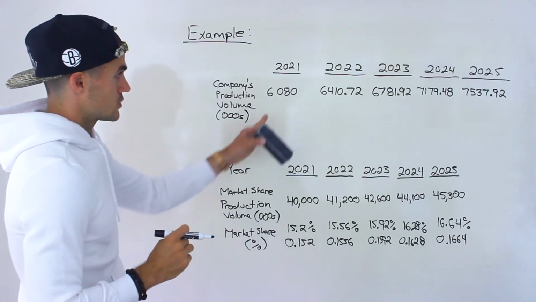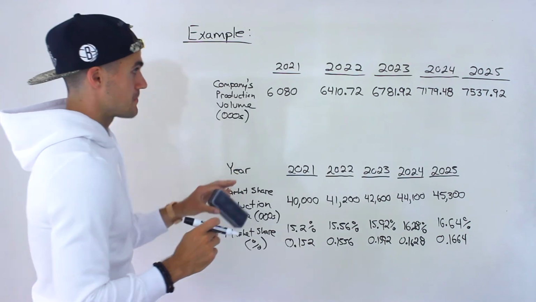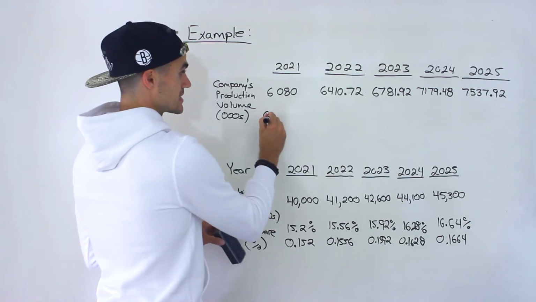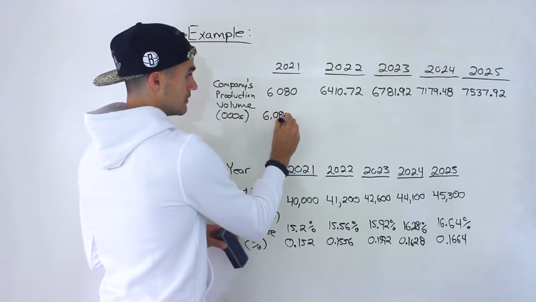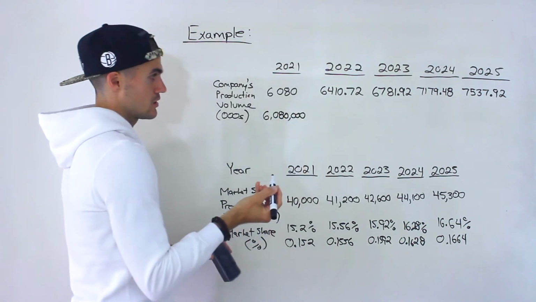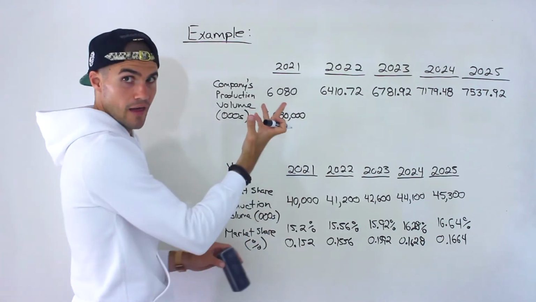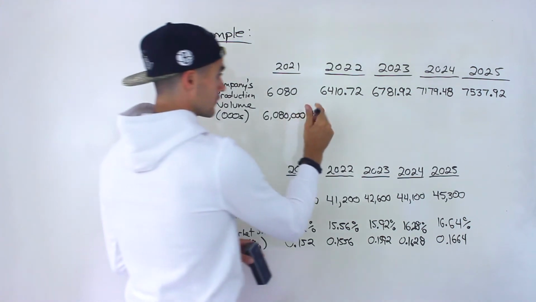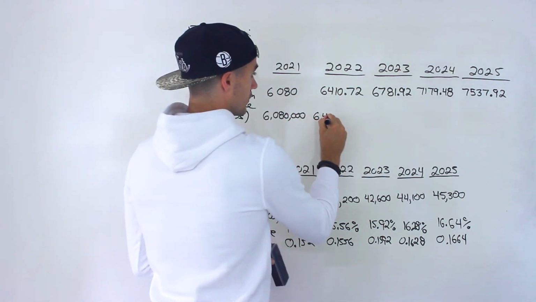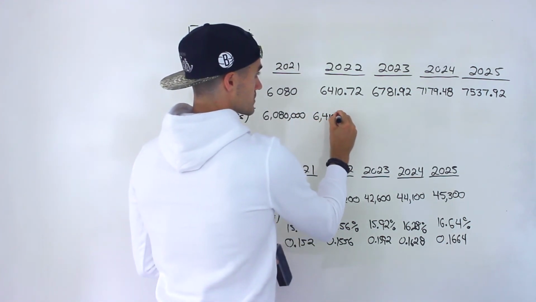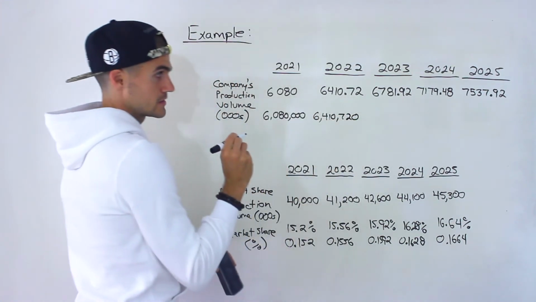So really, in 2021, the company expects to produce 6,080,000 units. Right? We would just multiply that figure by 1,000, or over here, 6,410,720.